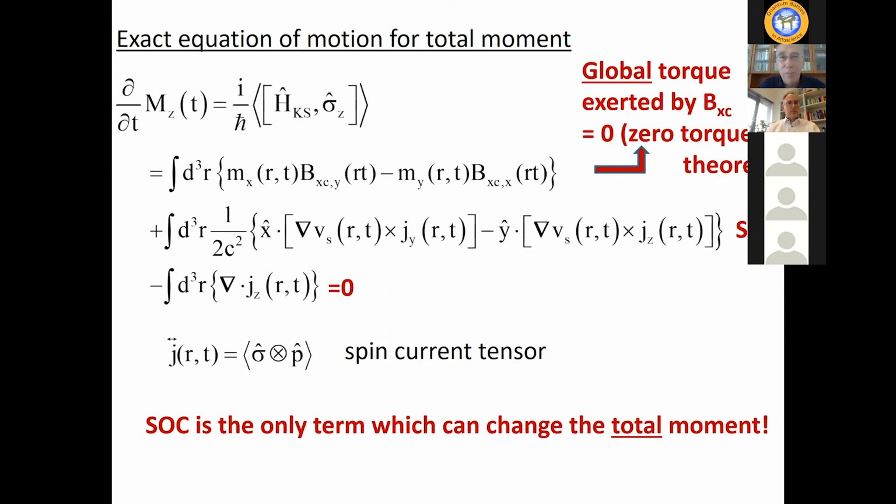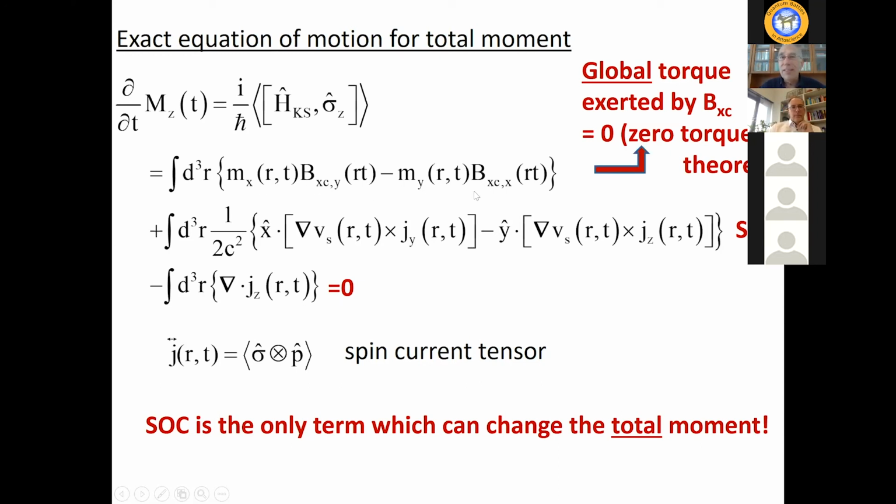If the Z component of the magnetization, which is what we are looking at here, the time evolution of the Z component of the global magnetization, was conserved, which it is not, then we would have only this term and this term, which is a continuity equation. There are terms that can change the magnetization.